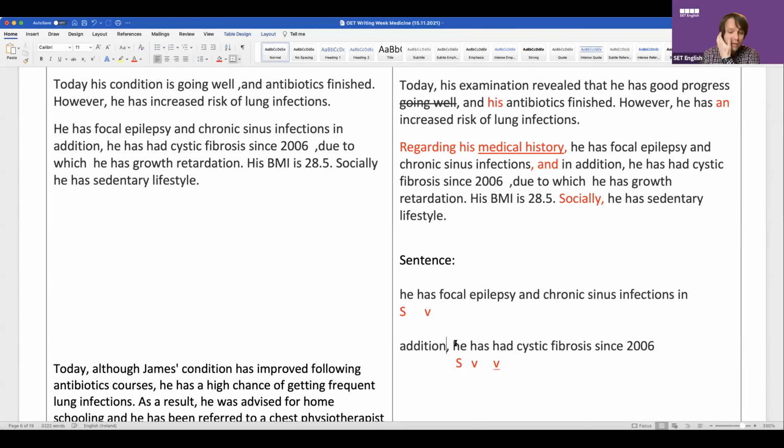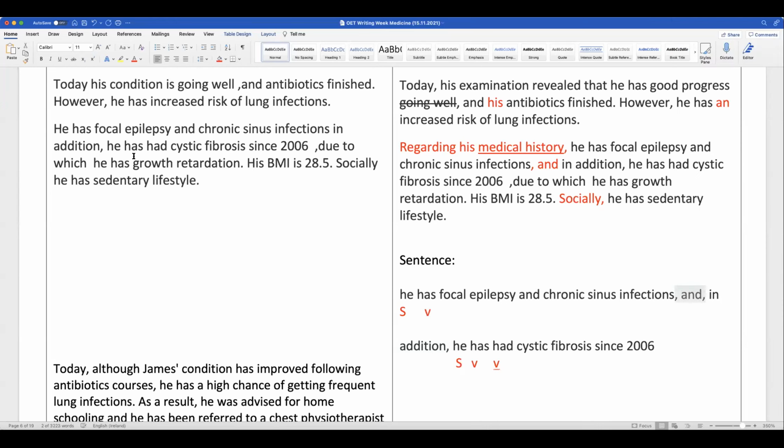And, but, because, yet, however. Those are the conjunctions, most of them, okay? So you join two independent clauses with conjunctions. So forget about this, in addition is irrelevant, right? It's not a conjunction. I need to put and, right?